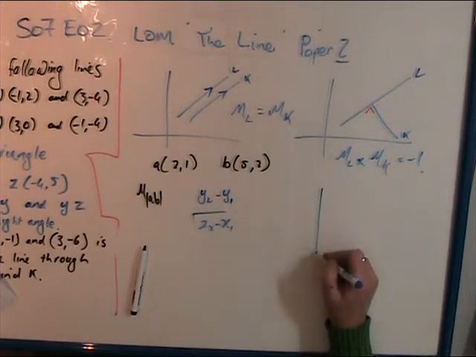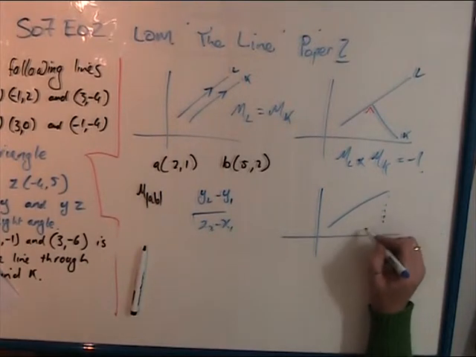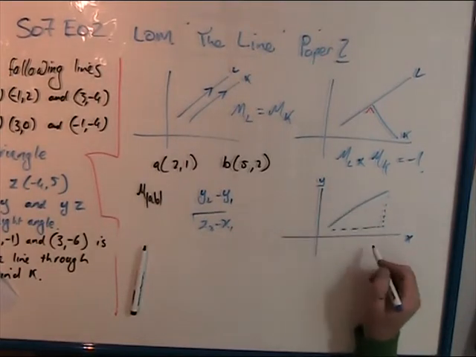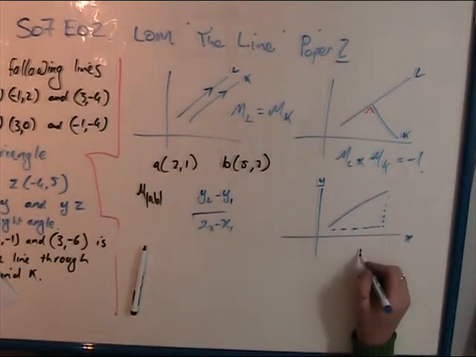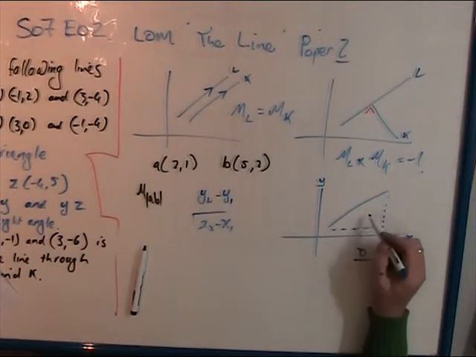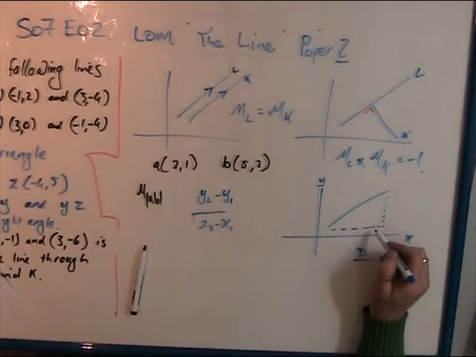Where did they get this from? Okay, so you're walking along here, and what they're doing is the distance you travelled, over the height gained, right?